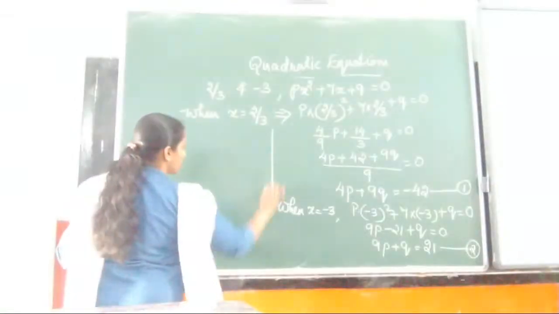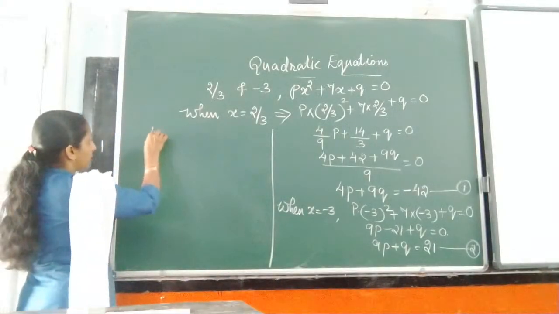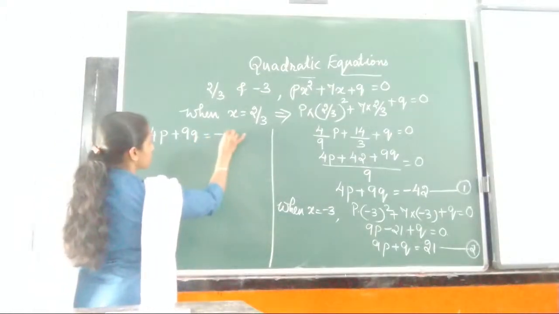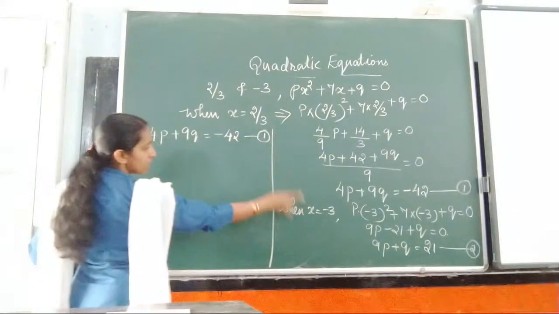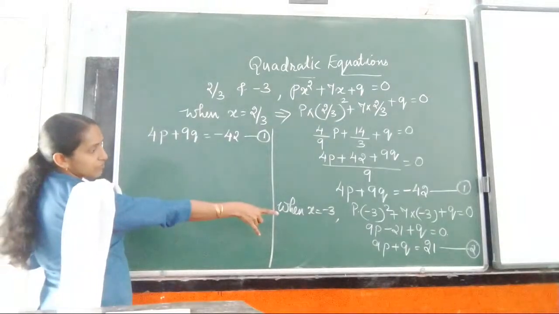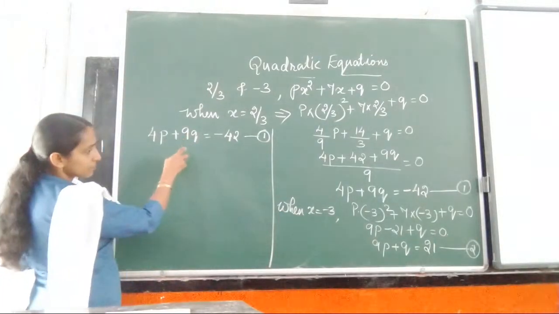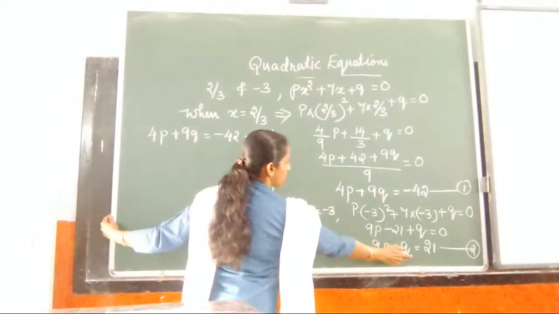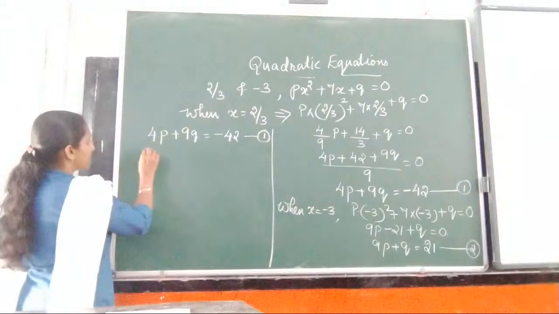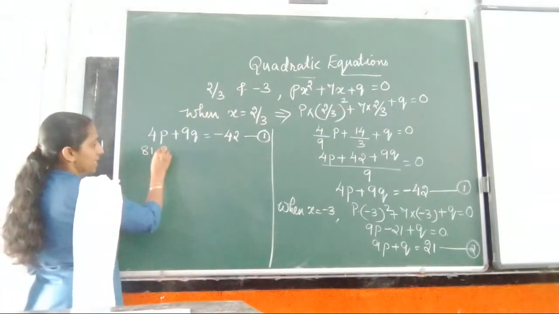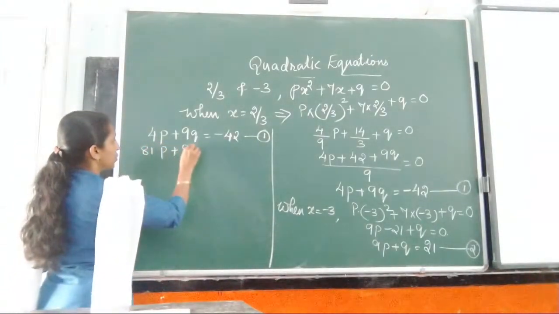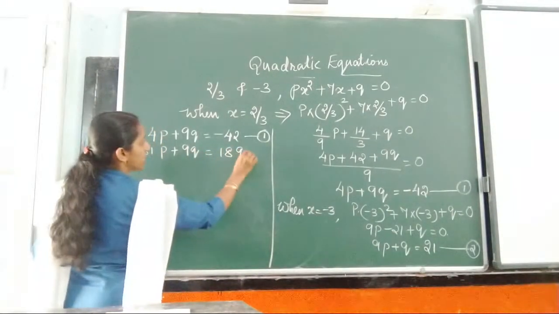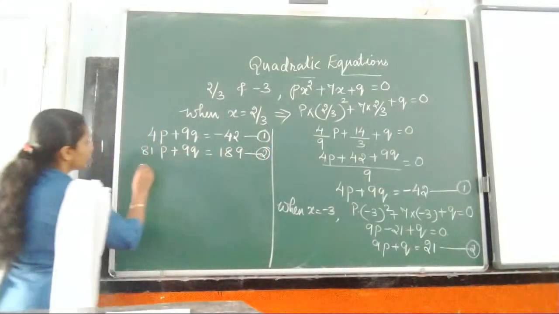The first equation you will write as 4p plus 9q equal to minus 42, equation 1. The second equation, since 9q is given here, you can multiply it with 9. So you are getting 81p plus 9q equal to 189, equation 2.